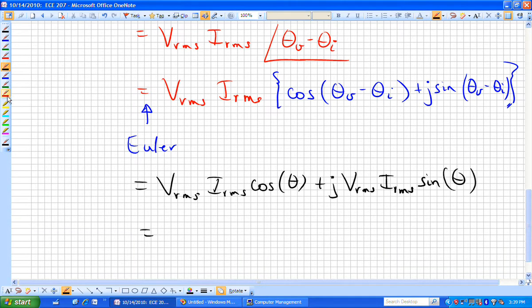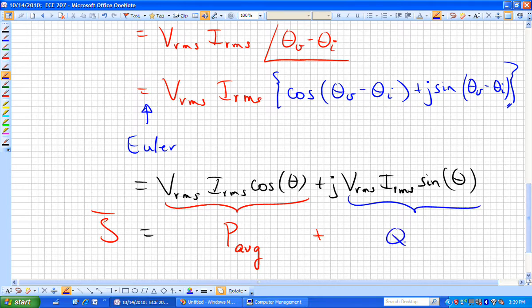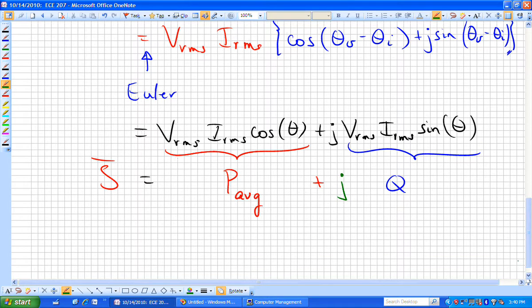Where this piece is the real part of our complex power, and that is what we pay for in a residential sense. That's watts. That's our P average. And this other piece is our VARs, which is combined in a complex form.